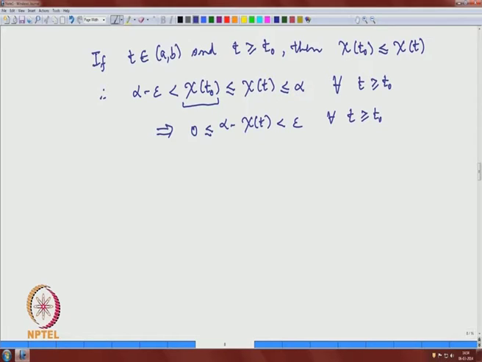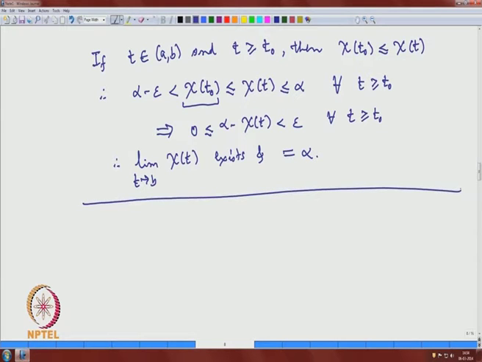And this is the same as saying that the limit of chi(t) as t tends to b exists and equals alpha. Okay. So, that is a very simple thing, but a very useful one. This we will see in many situations.